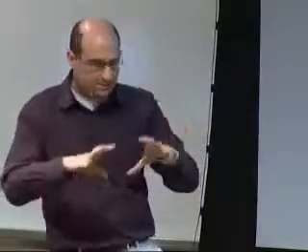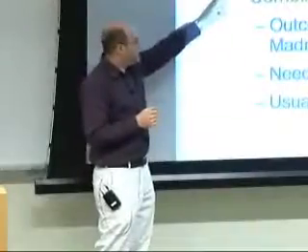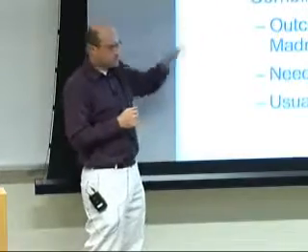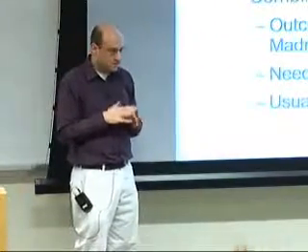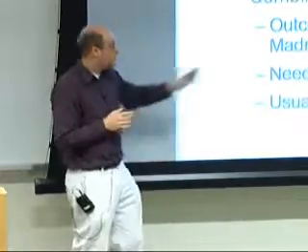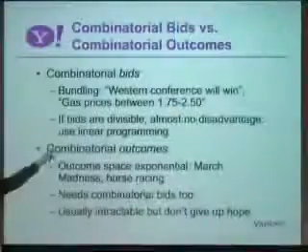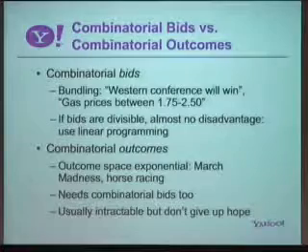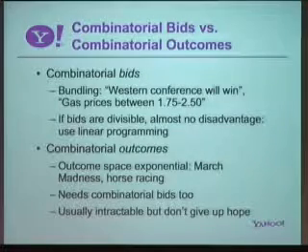Or I want to bet that gas prices are in some range. Instead of buying each piece of the range separately, I can just buy the whole bundle. And I argue that this type of bundling has almost no disadvantage. We can use linear programming to do the clearing, and so it's polynomial time.